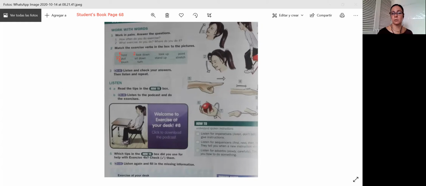Look up would be 1. Point, pointing with her finger, that's 5. Sit down. We have 2 numbers here, that's 3 and 4. It would be 4 to go down. You sit down, you go down. And of course, stand up, you get up. That's 5. In the picture, you see her stand up, 5.